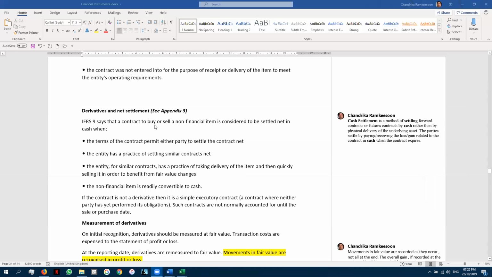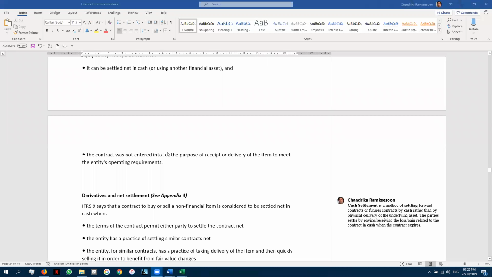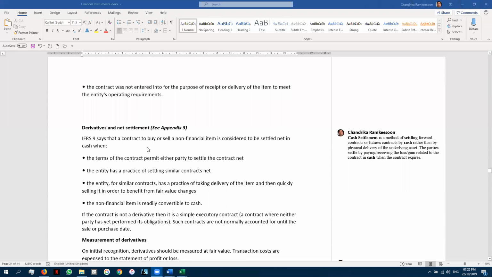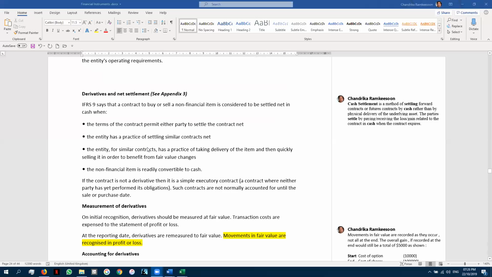Right, now here we use the term net in cash. I have a little note here. Derivatives are net settlement. Now there is a further note in Appendix 3 which we take a quick look at.